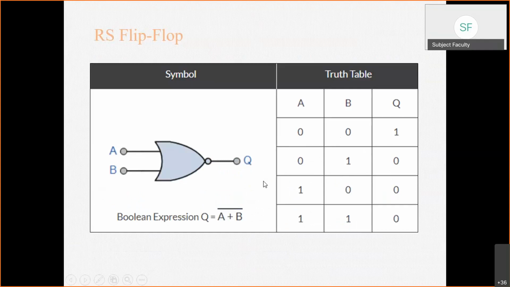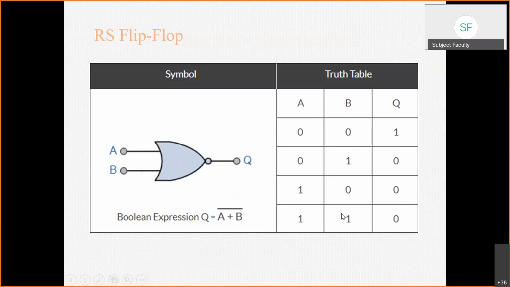Now in the case of the NOR gate, the output is high only when both inputs are 0. Otherwise, it will be 0. This working is very important because from it only you will be able to understand the working of the RS flip-flop.